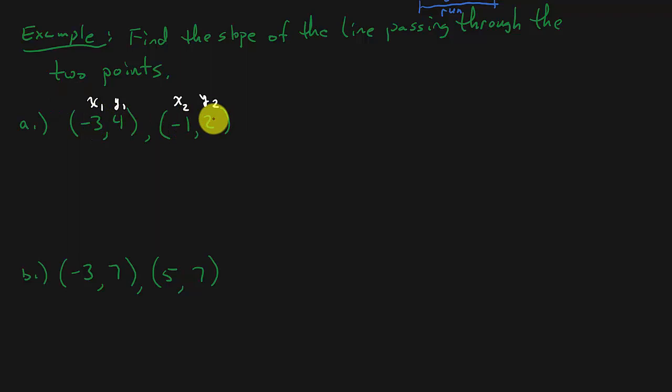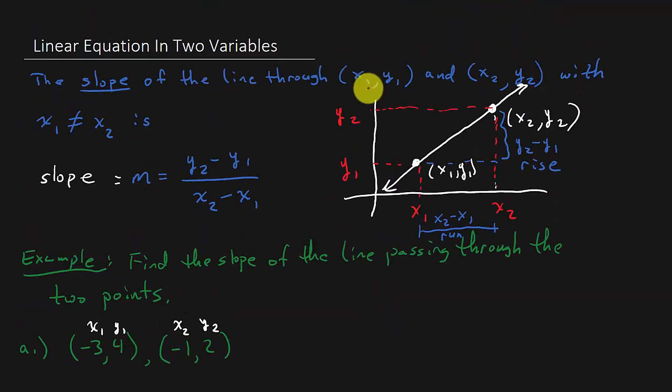What does make a difference is if you call this one x1, this has to be y1. You can't call this x1 and this one over here y1. You can see in our formula, x1 and y1 have to be together, and x2 and y2 have to be together.